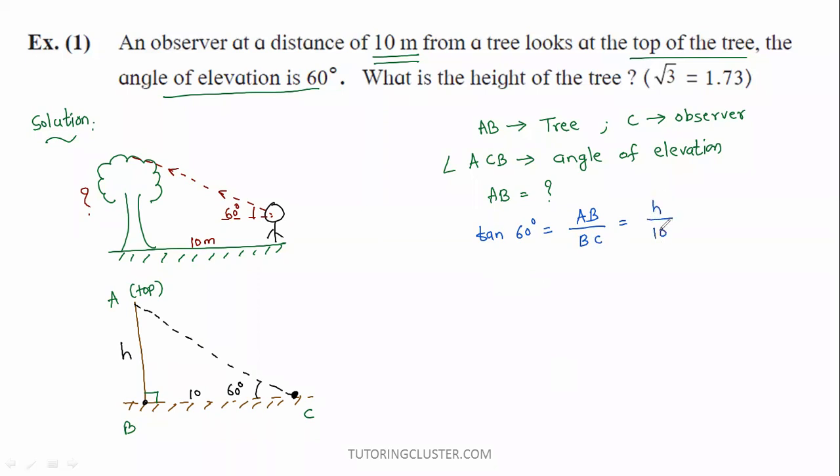What is BC? 10. Now I have told you tan 60 degree. That's why I have asked you to remember that complete table. What is tan 60 degree? Root 3, which is equal to h upon 10. So what will be h? 10 into root 3. What is root 3? 1.73. So what will be the height of the tree? 17.3 meter. This will be your answer.